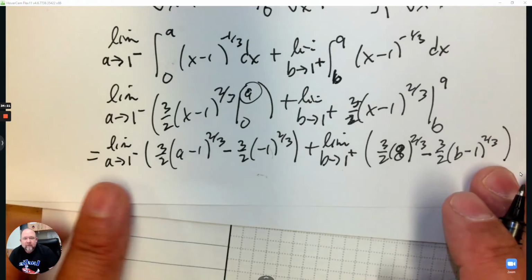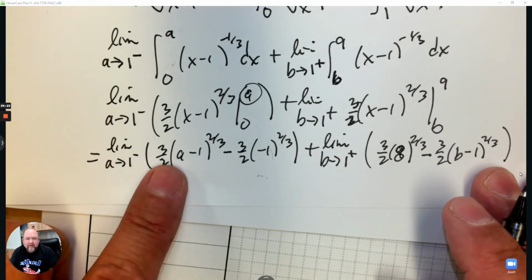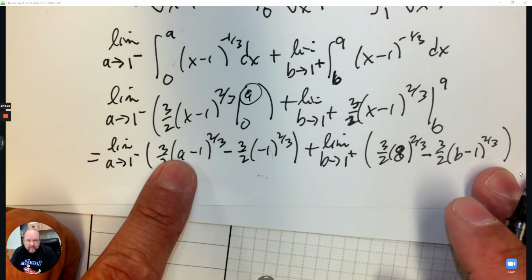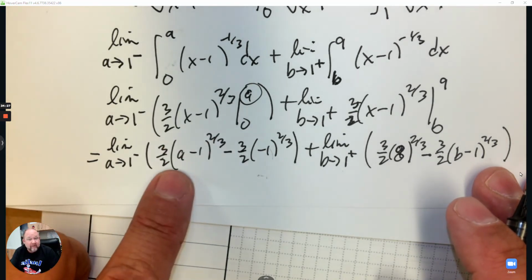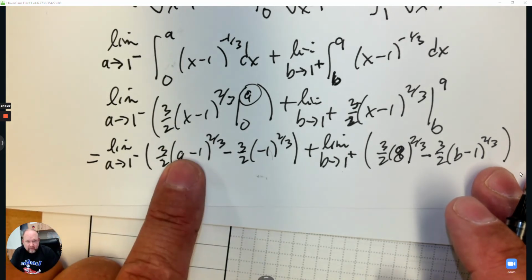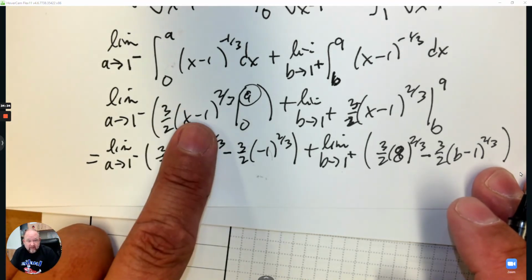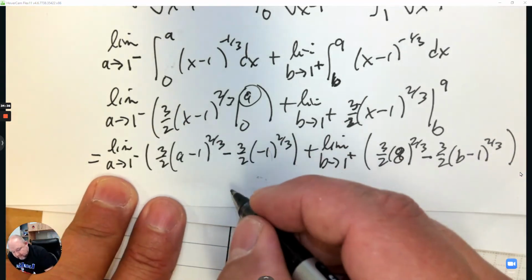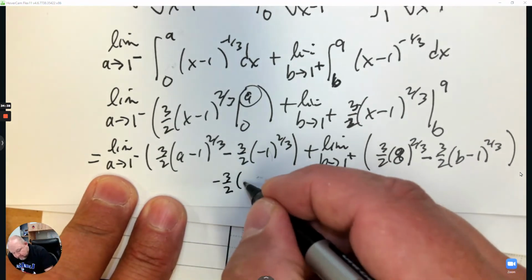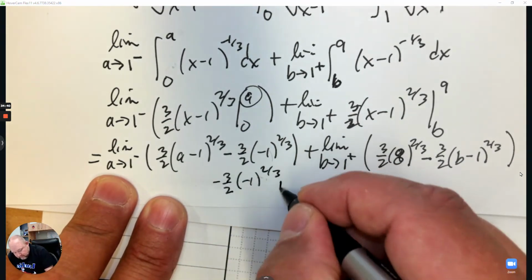All right, so as a approaches 1 here, this exists. It's not undefined. It's not in the denominator to make it 0. It's no longer there. So when I plug in 1, I actually have a value there. This is 0. Done. So I'm left with negative 3 over 2 and negative 1 to the 2/3.